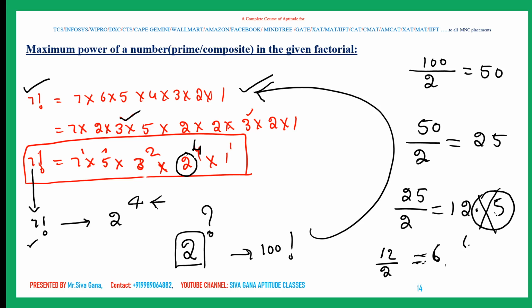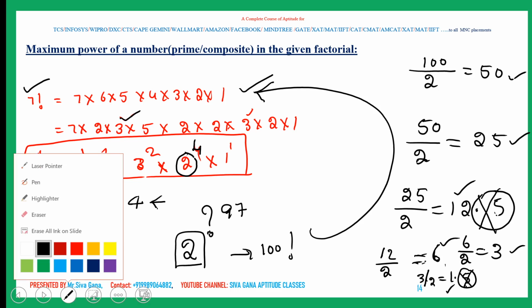Next, 6 by 2, we get 3. Next 3 by 2, we get 1.5. Neglect this decimal part. Next 1 by 2, we get 0. Process stops. Then 50 plus 25, 75. 75 plus 12, 87. 87 plus 10 is nothing but 97. Therefore, the maximum power of 2 in 100 factorial is 97. This is the process, my dear viewers.